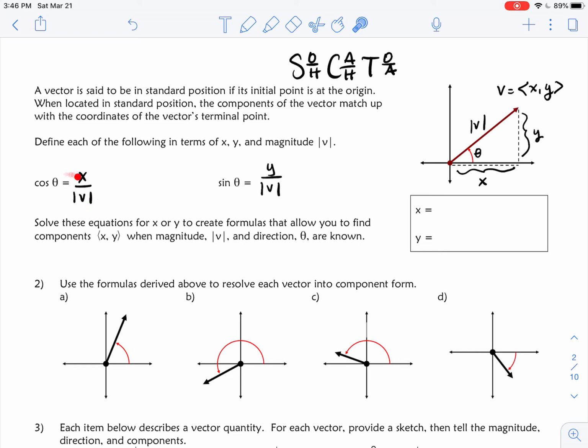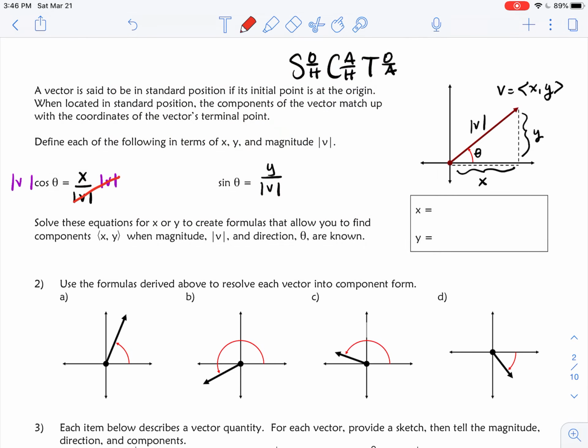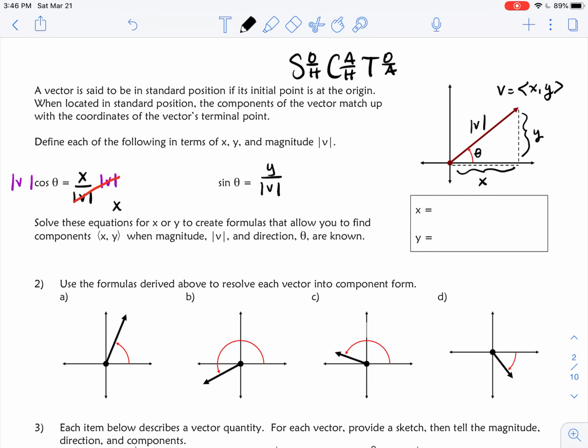So I'm going to multiply both sides by the magnitude of the vector. That is going to cancel it on the right side. And it's going to give me an equation, x is equal to magnitude times cosine of theta. So I'm going to write over here, magnitude of the vector times cosine of the angle.